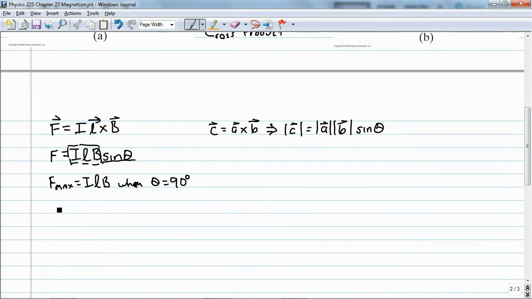Now we can also look at if things are changing. We can look at this cross product as a differential.